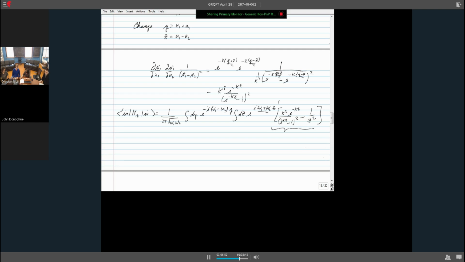So the calculation we're trying to do then is this N_12 n is 1 over 2 pi square root of omega 1 omega 2, integral dy e to the minus i (omega 1 minus omega 2) y, integral dz e to the i (omega 1 plus omega 2)/2 z.